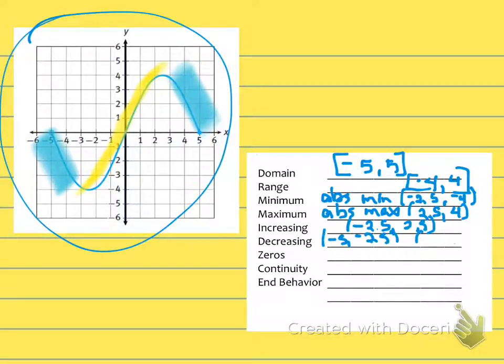And then it is also decreasing from 2.5 to 5. I see a couple of zeros here. I see a 0 at negative 5, 0, at 0, 0, and at 5, 0. The function is continuous from negative 5 to 5.